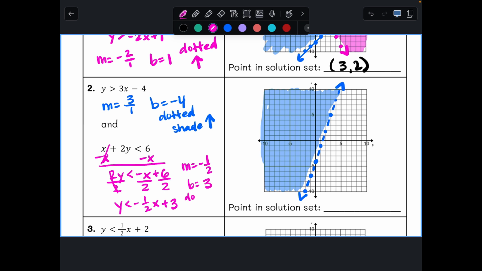This will be a dotted line as well, and we will be shading down because it's less than. So plot b on the y-axis, down 1, 2 to the right. And this one's a dotted line, and we'll shade below that line.